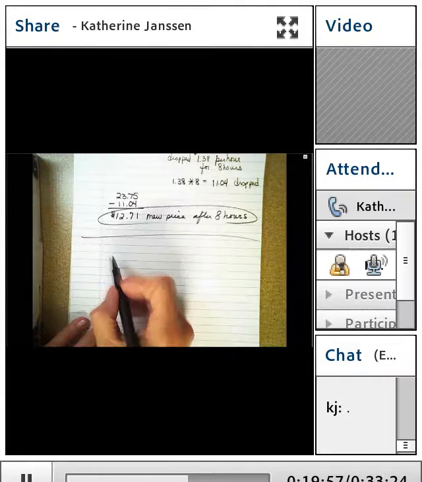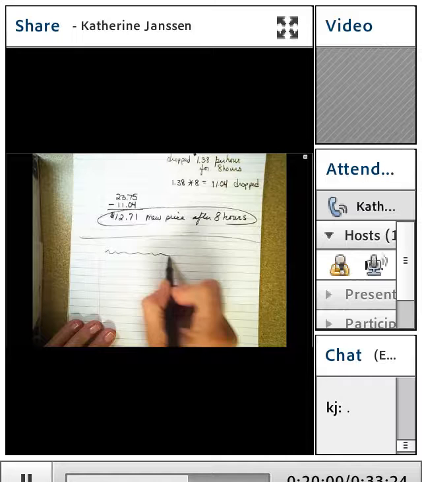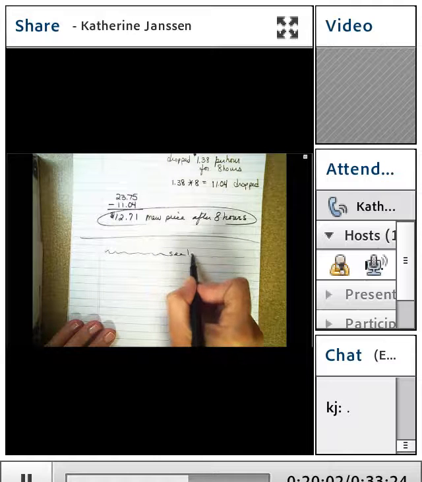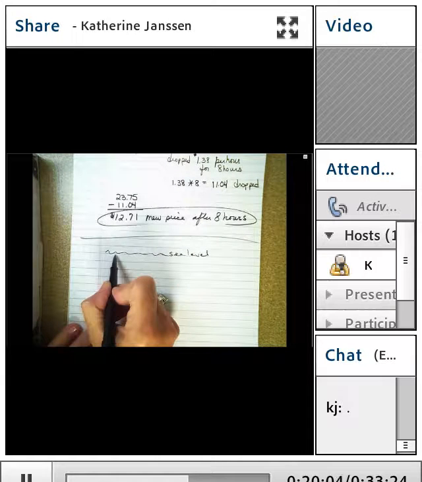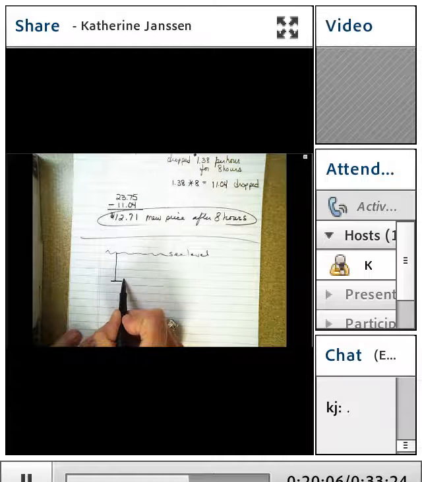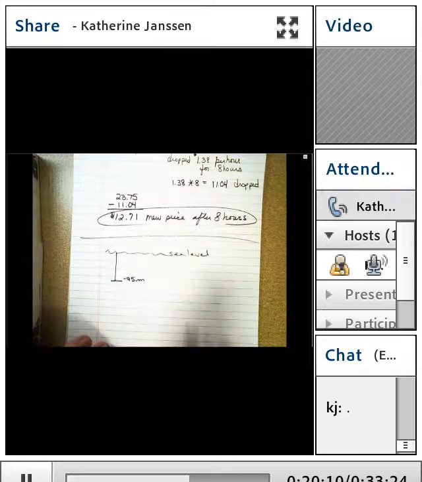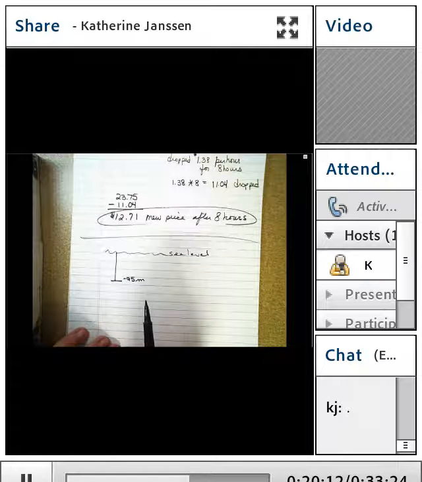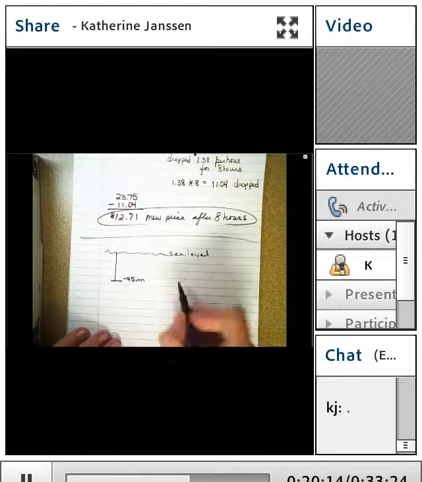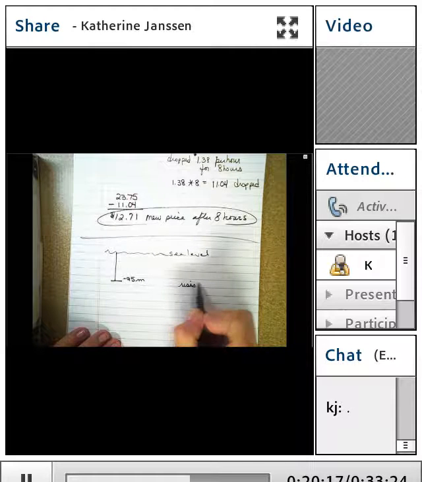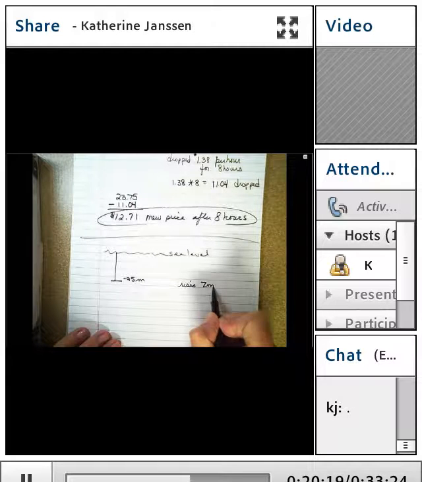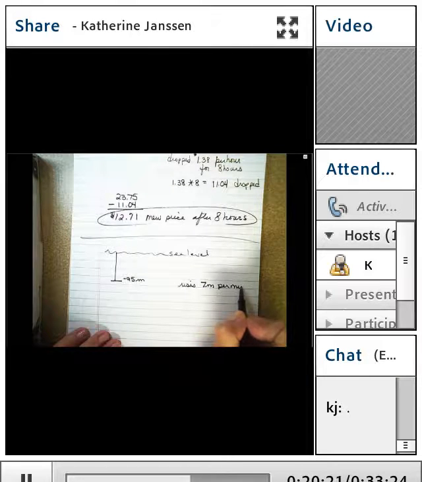This is sea level, and the diver dives down to a negative 95 meters below sea level. But he rises 7 meters per minute for 9 minutes.